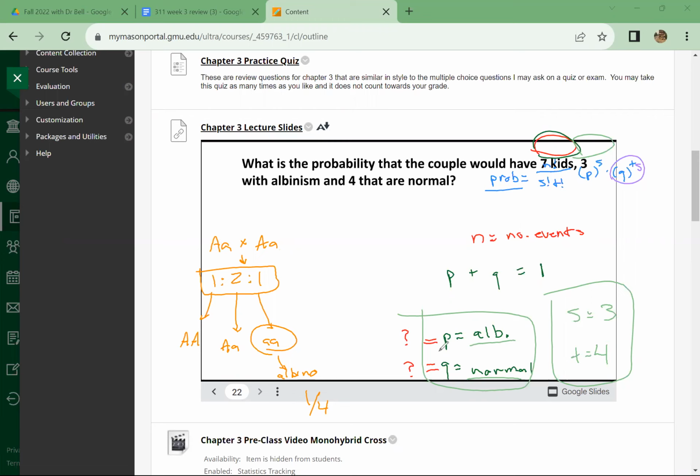And so P, the probability associated with the event of albinism, is 1 out of 4, 0.25. And by extension, because we have these two genotypes that both translate into a normal, in quotes, phenotype, that is 3 out of 4, or 0.75.